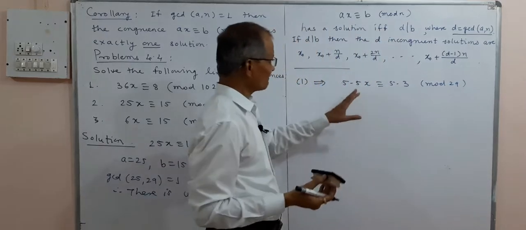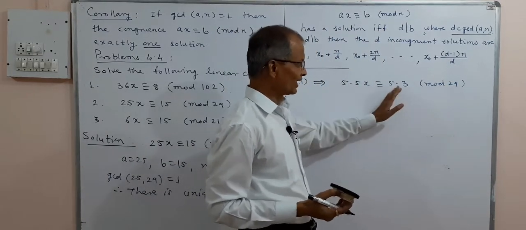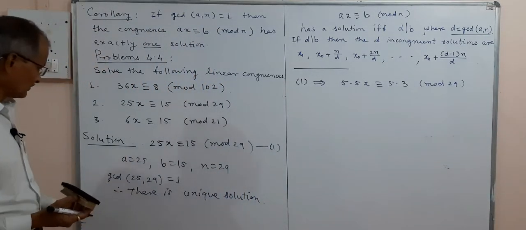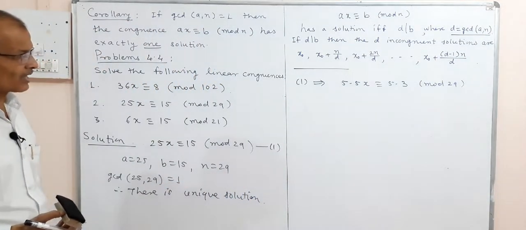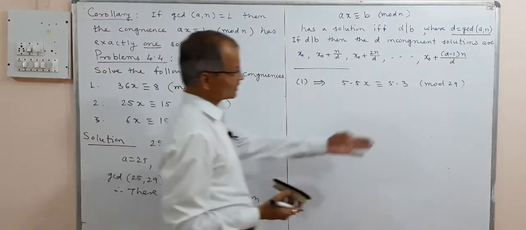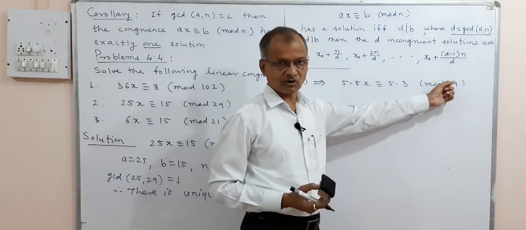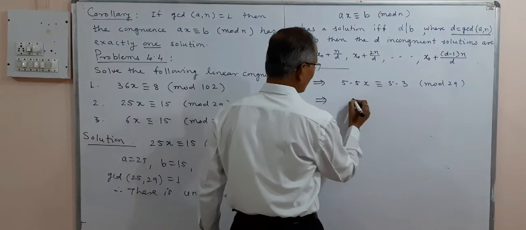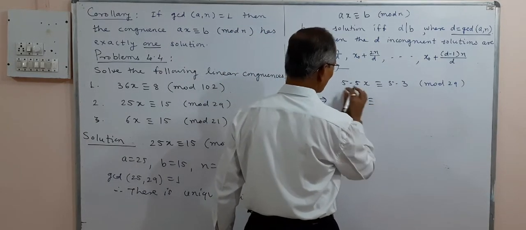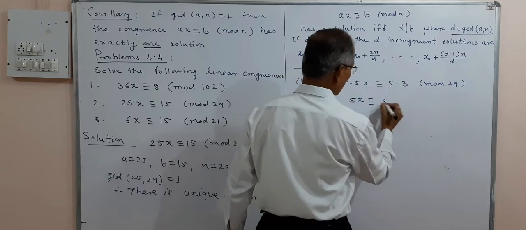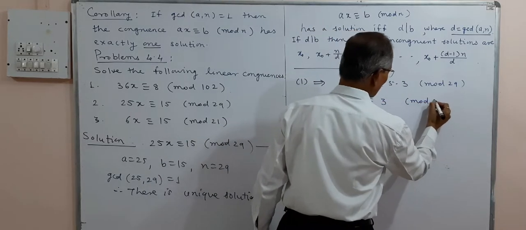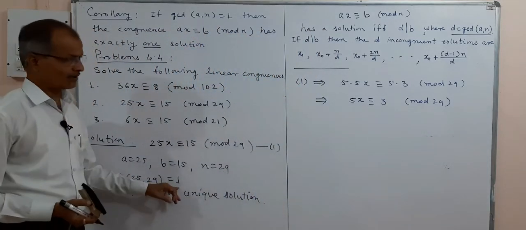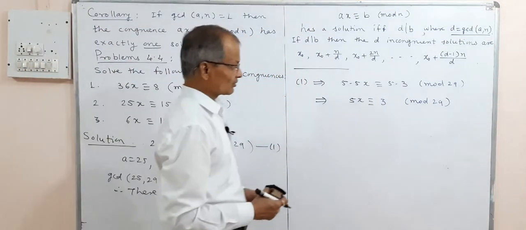We can cancel 5, but we should note the GCD of 5 and 29 is also equal to 1. So the modulus divided by 1 remains the same, and thus this implies 5x congruent to 3 under the same modulo 29, because we divide 29 by 1. So theorem 3.